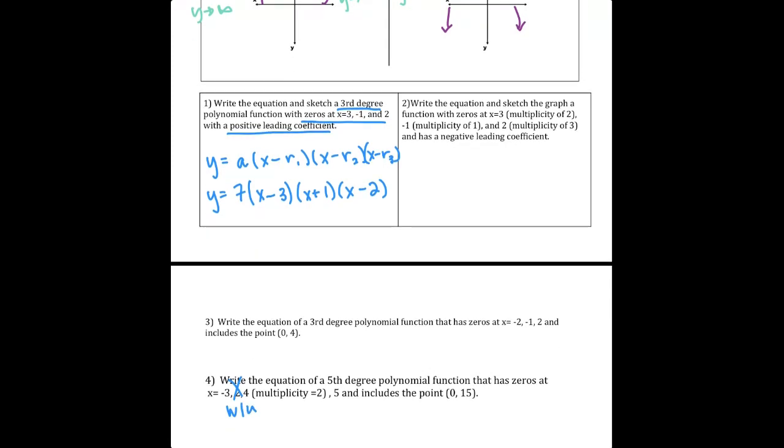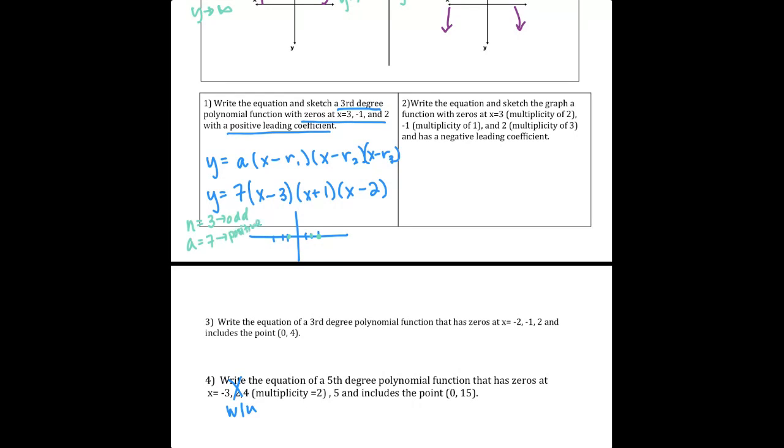Okay, and we're going to sketch this really quick. So I have roots at 3, -1, and 2. Those are tight together. And my n is equal to 3, which is odd, and my leading coefficient is positive.